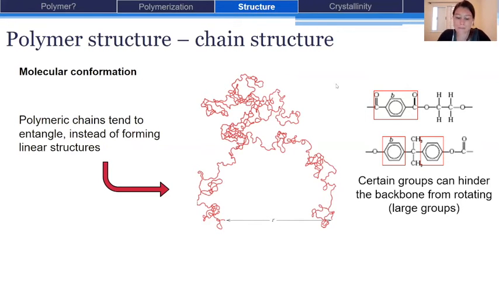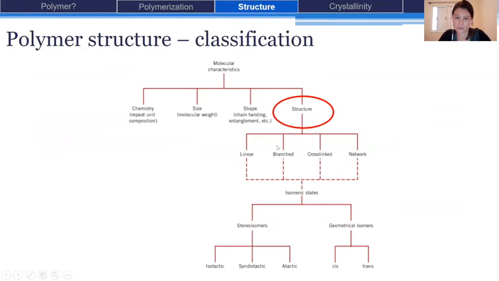And so we have the influence of the chemical group on the molecular conformation. So we described the chemistry, the molecular weight, and the shape of the polymeric chains. Now let's talk about the structure of polymers.